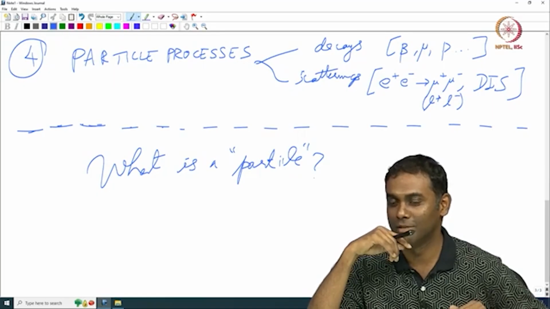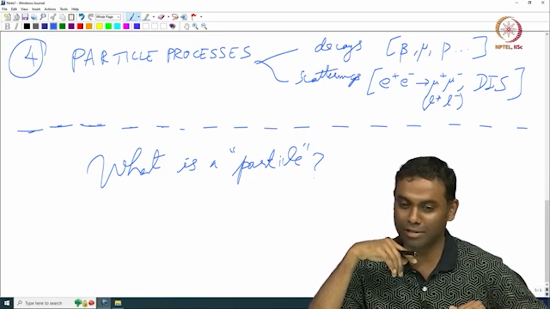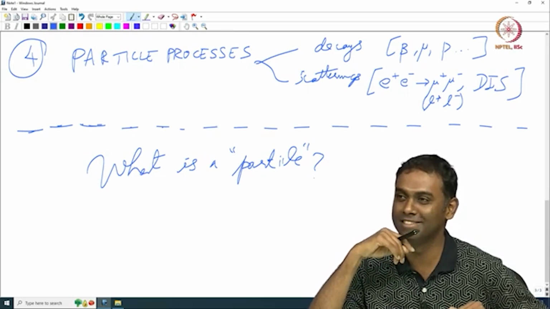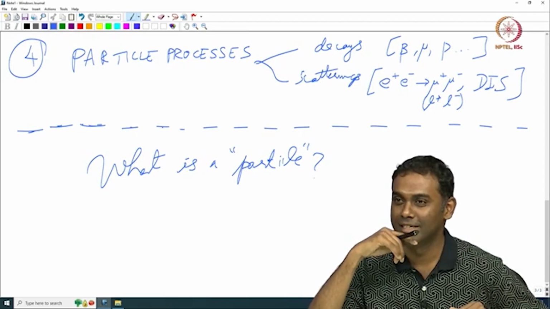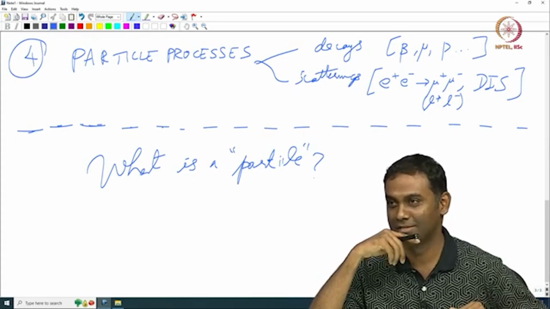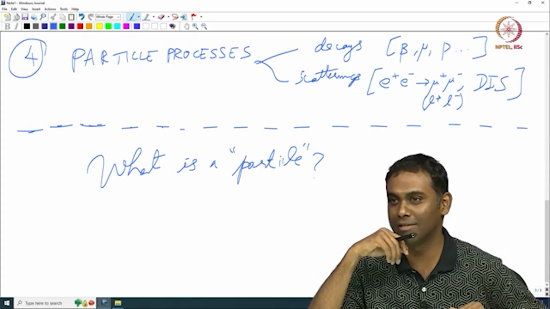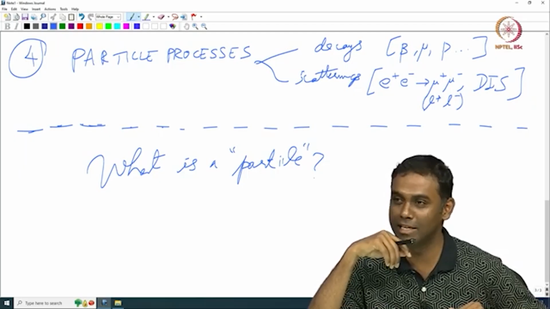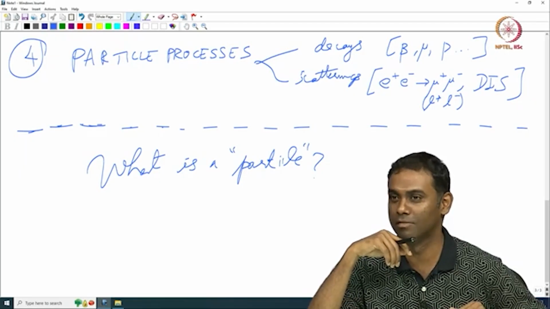Okay, let me ask in a different way. Could a galaxy ever be a particle? It can. It depends on the problem that you are dealing with. If you want to simulate the universe, then you can treat galaxies as point particles for that particular problem.